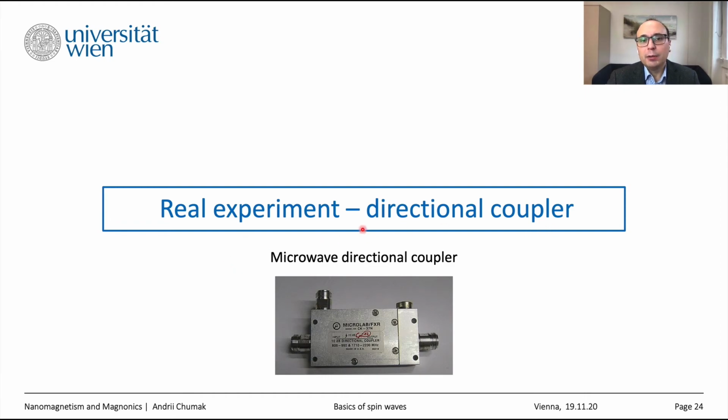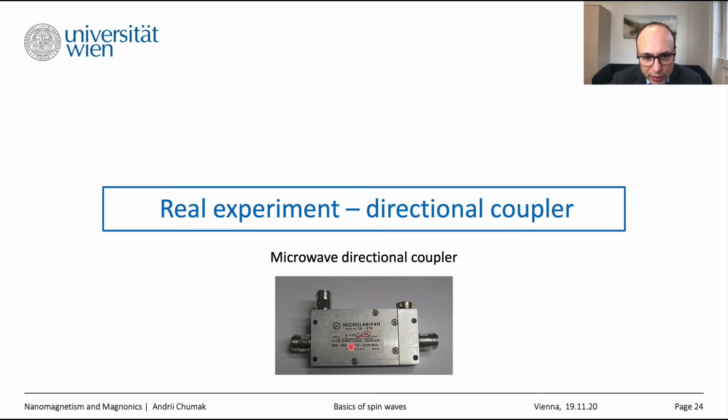So what is a directional coupler? A directional coupler is a device which is intensively used in microwave technique, for routers and other microwave technology. And it's also used in photonics and everywhere. Its operational principle is very simple: you have one input and two outputs. Part of the energy goes here, part here, and principally it just distributes how much energy you can send into one and the other channel.